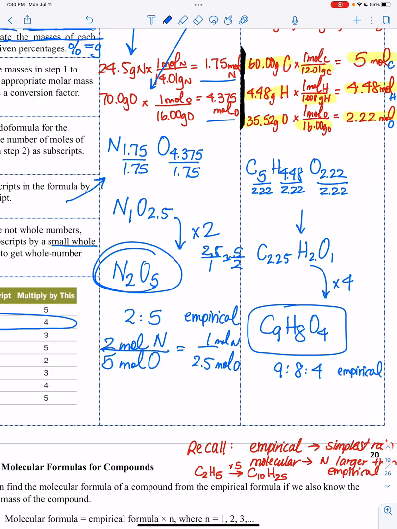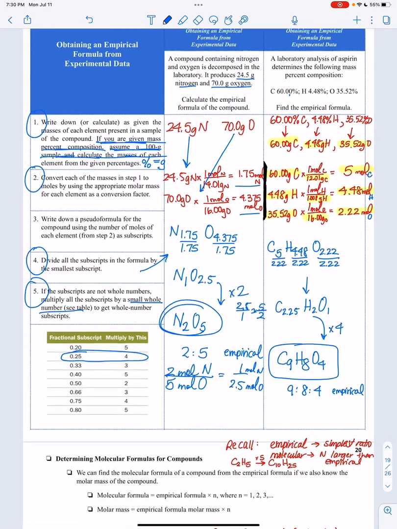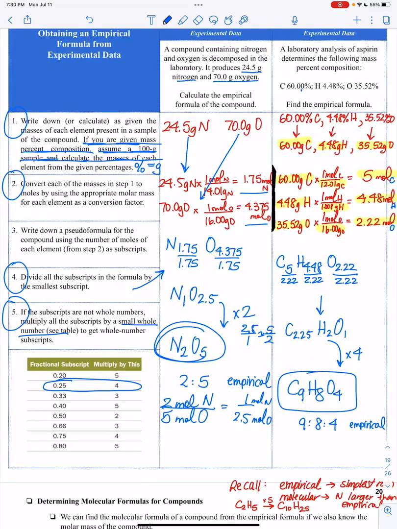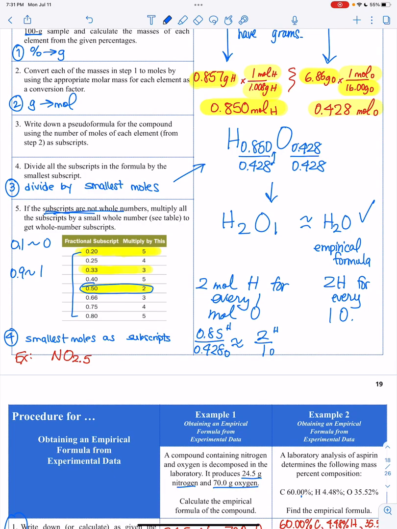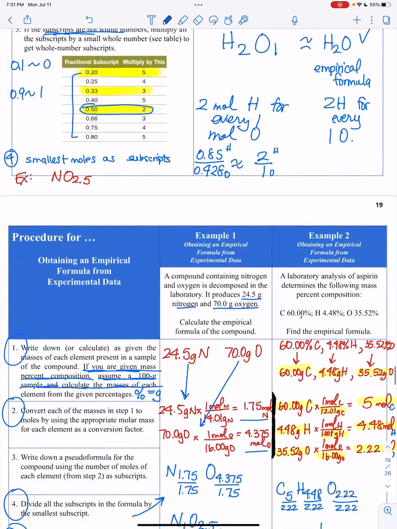Those are ratios in the simplest form. Okay? So I purposely did some tougher questions in which I don't get whole numbers. In most cases, especially on the AP exam, or most examples I give you, you'll probably end up getting whole numbers, kind of like what happened in H2O here. We got a 2-to-1 ratio, we were done, it was good to go.